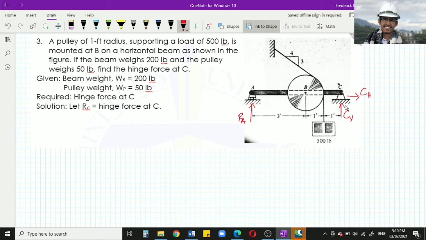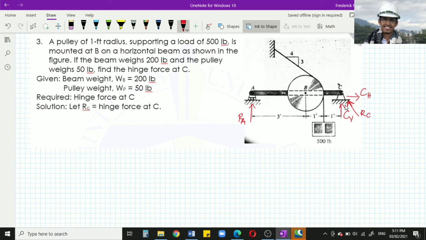So para makuha natin yung RC natin, pwede siyang nag-act depende kung saan. So assume na lang natin na pag ganun yung kanyang reaction. So ito yung RC natin. Okay? So assume natin na papunta siya sa taas.